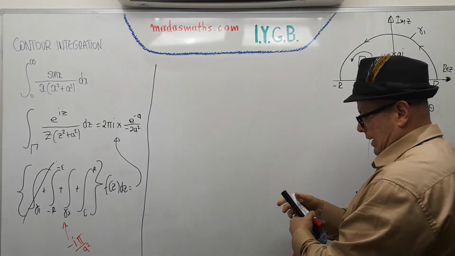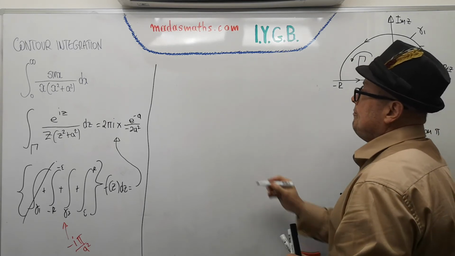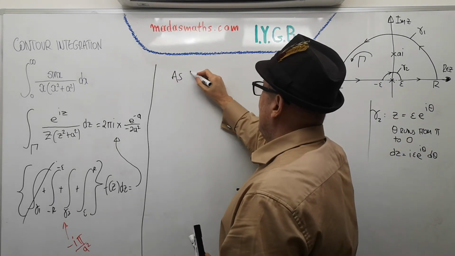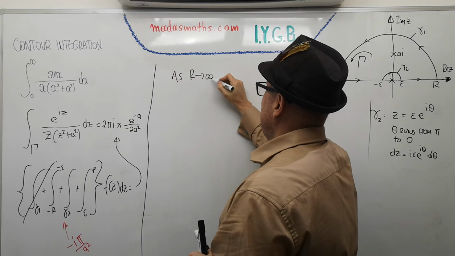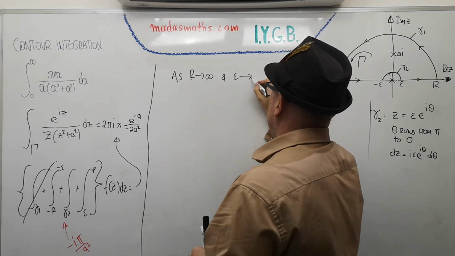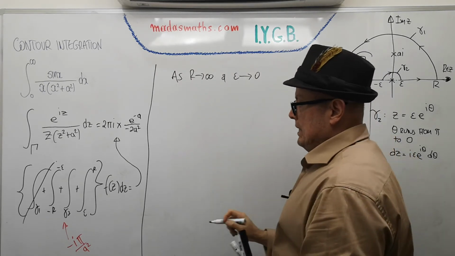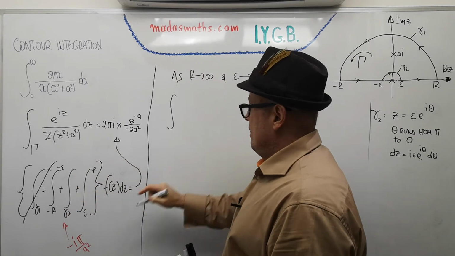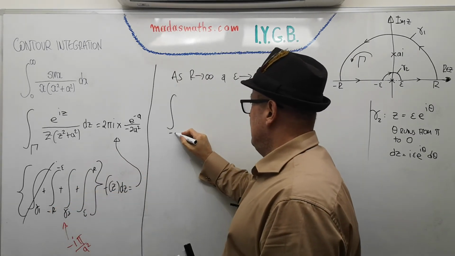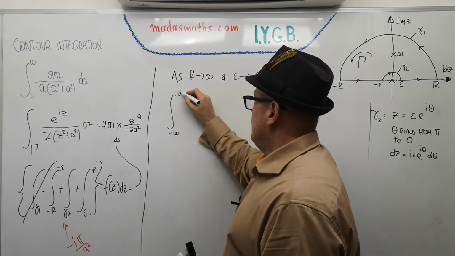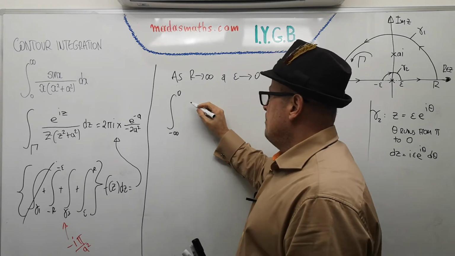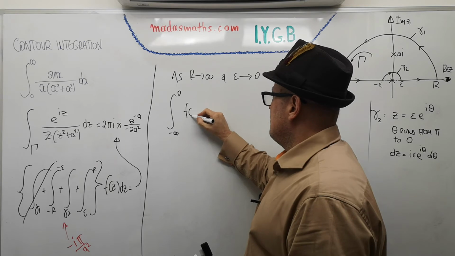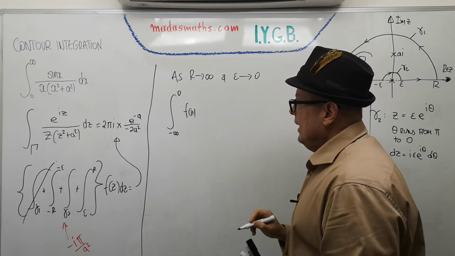So we can finally say now that as r tends to infinity and epsilon goes to 0, this particular line, of course that doesn't cancel, but we're going to have the integral from minus infinity to 0 of my f of z. Let's write it in that form first of all, dz.